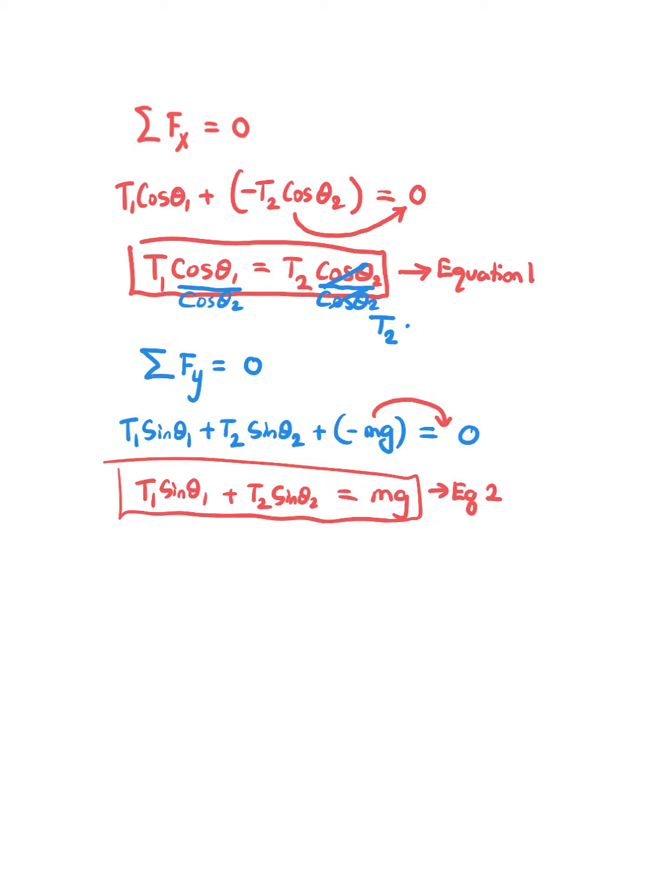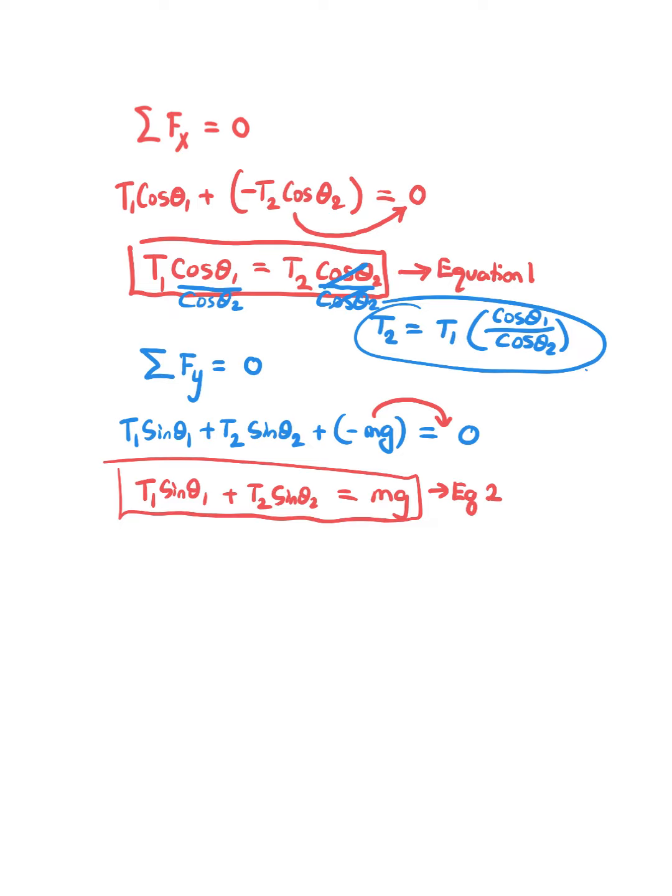So that leaves us with T2 is equal to T1 multiplied by the ratio cosine of theta 1 divided by cosine of theta 2. So this isn't a third equation here. This is really just equation number 1 rewritten, such that I now have T2 solved for in terms of T1.